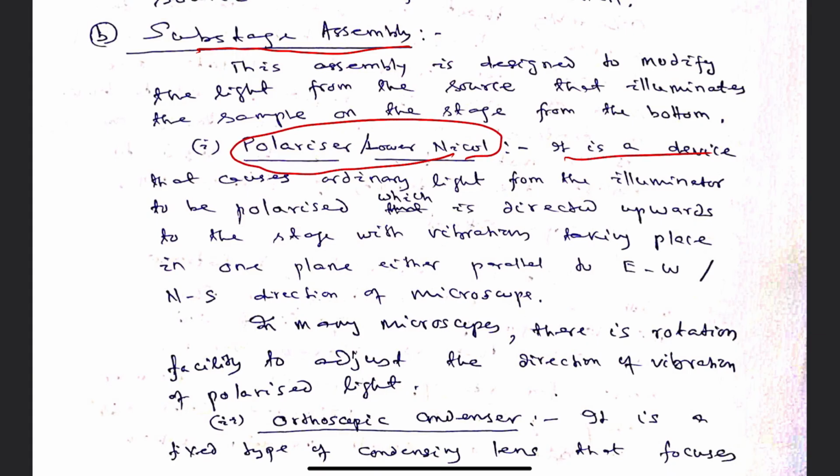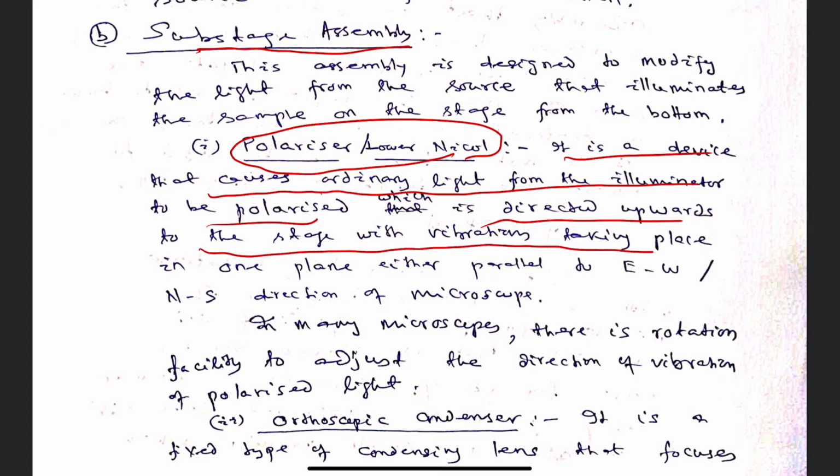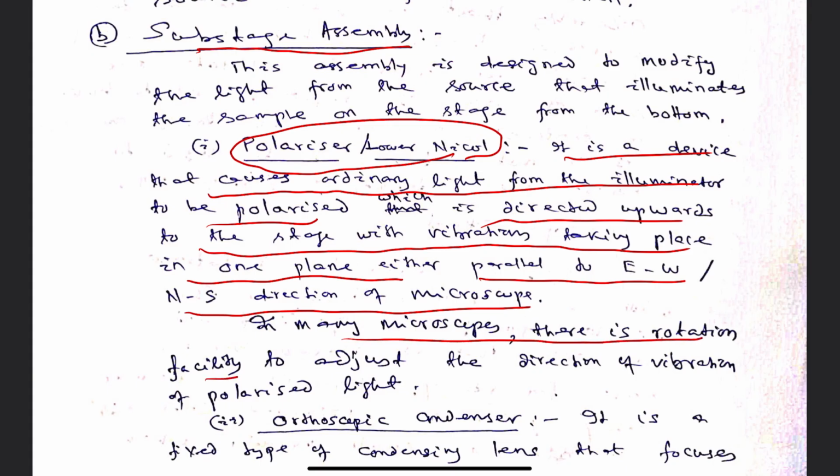It is a device to produce polarized light out of ordinary light, which is directed upwards to the stage with the vibrations taking place in one plane, either parallel to the east-west or north-south direction of the microscope. The very function of the polarizer is to produce polarized light and supply it to the microscope. In many microscopes, there is a rotation facility to adjust the direction of vibration of polarized light.